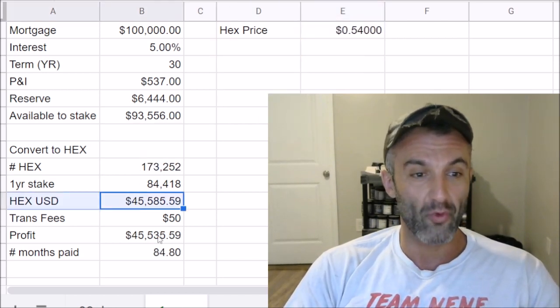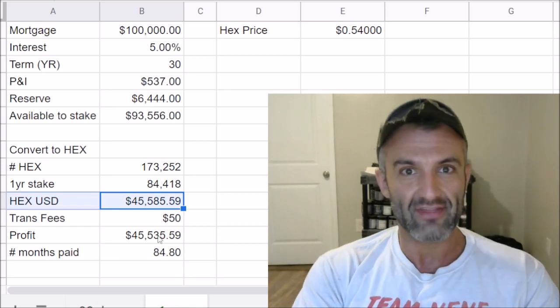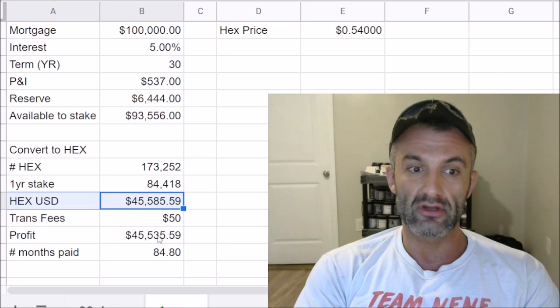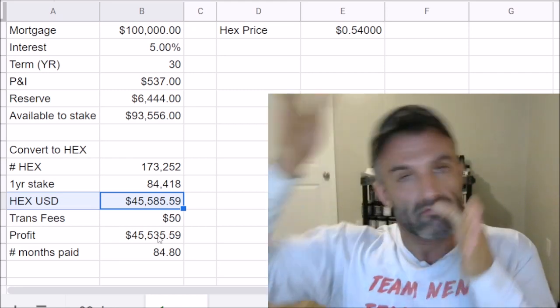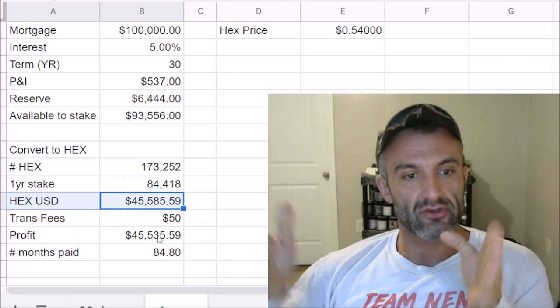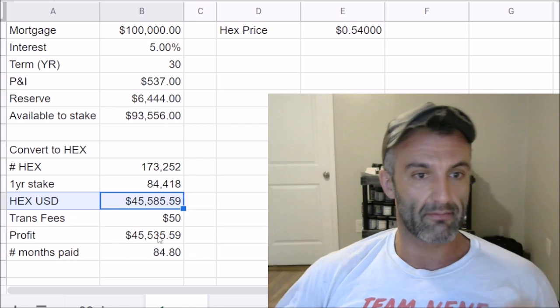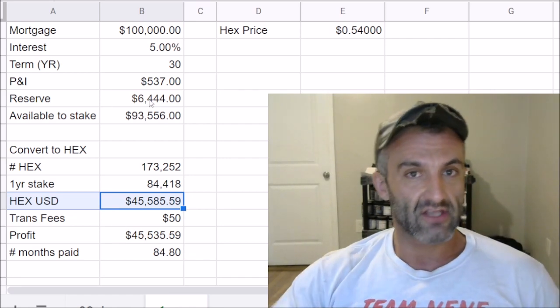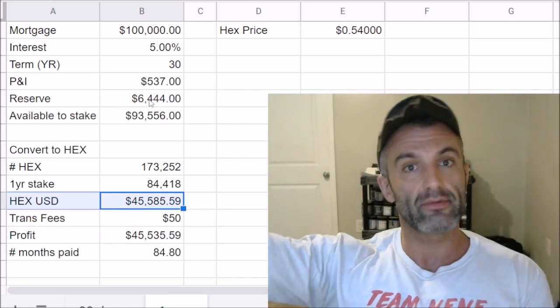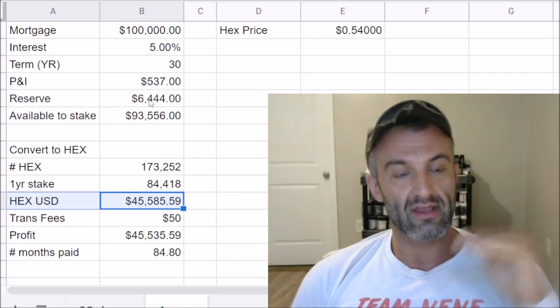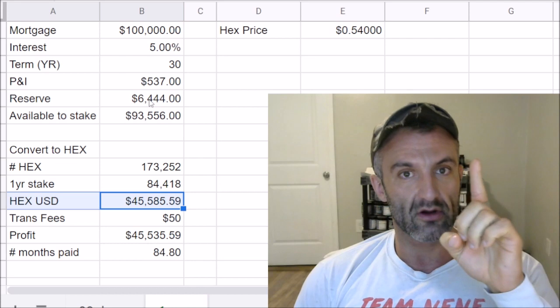Well, that means in 1 year, you have a $45,000 profit. You could take that and stake that for 18 months, 2 years out, right? So if you take $45,000, grab your reserve, right? So you grab another $6,500, set that as reserve, fill your bank account back up so the next year is all paid for, right? Take your $93,000, put that as a 1 year stake again.